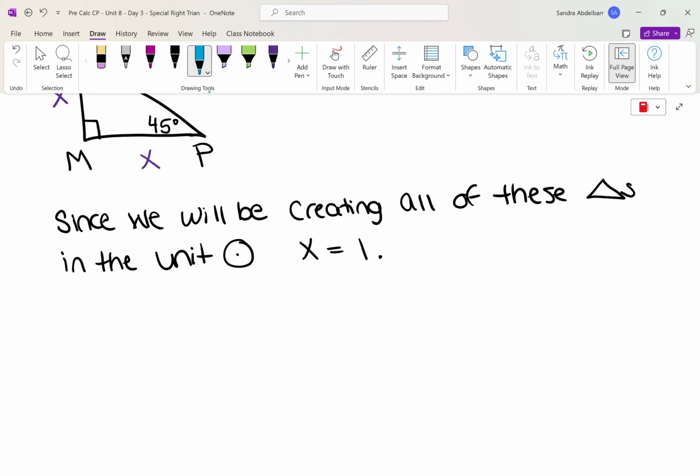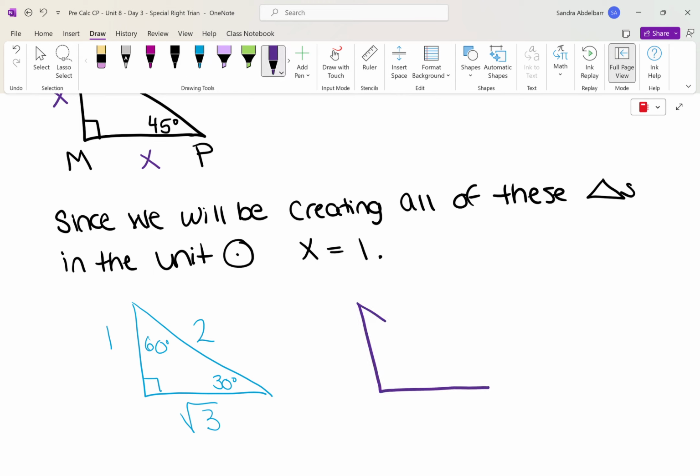So if x equals 1 in a 30, 60, 90, across from the 30 will be 1, across from the 60 will just be root 3, and across from the 90 will be 2, since x is 1. And in a 45, 45, 90, across from the 45s are both 1, and across from the 90 is root 2.